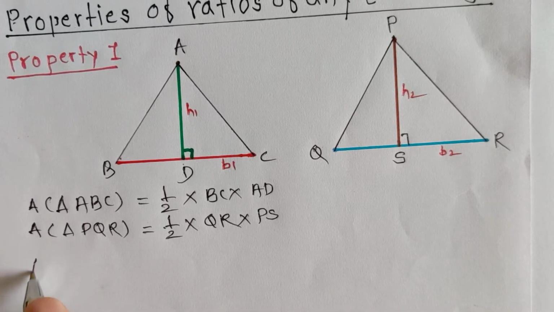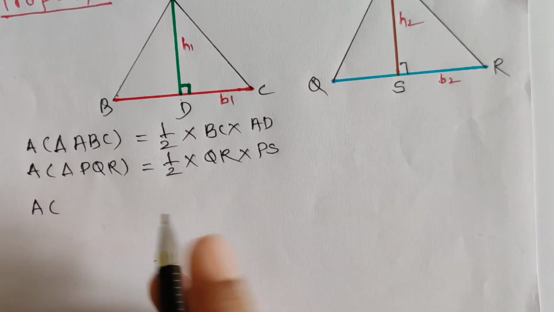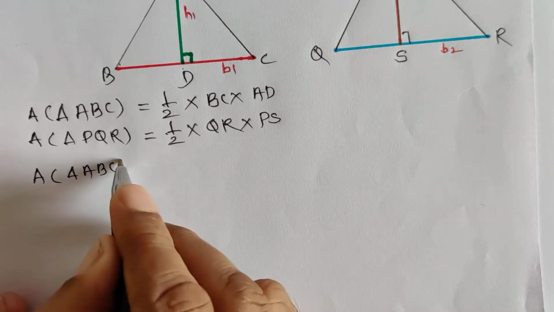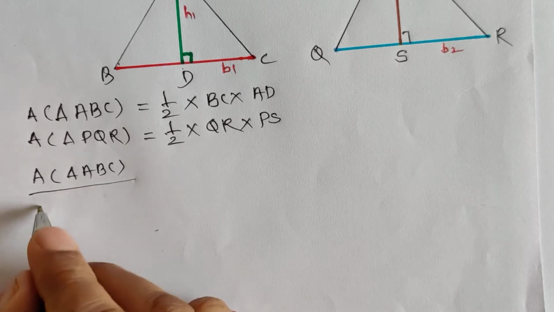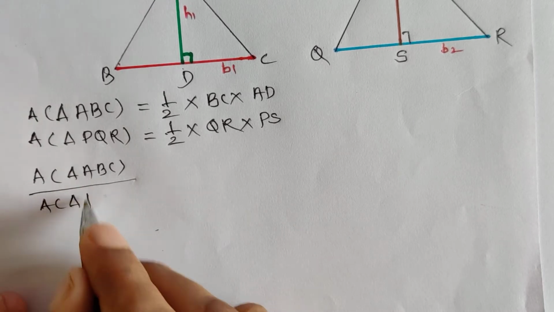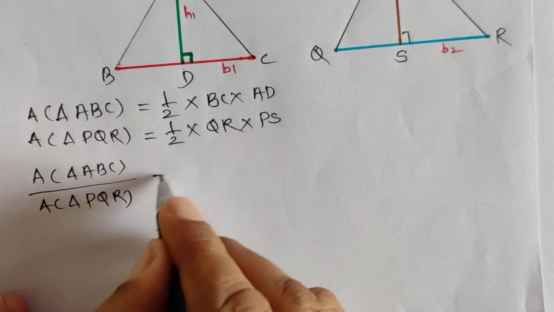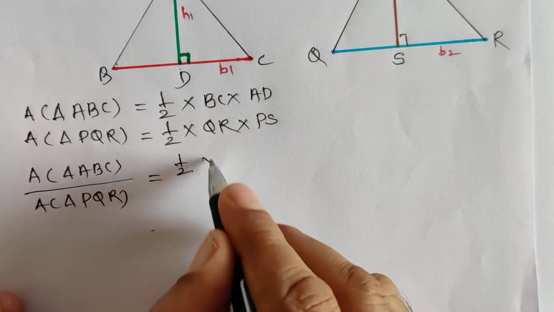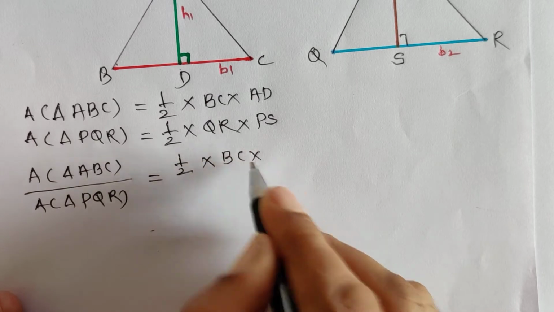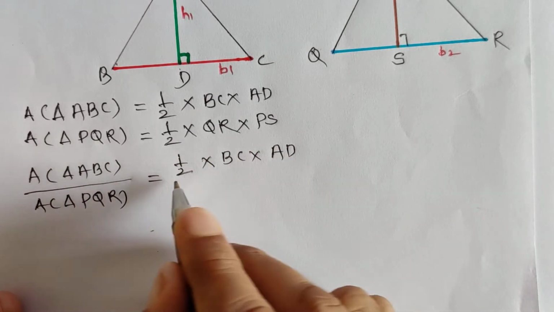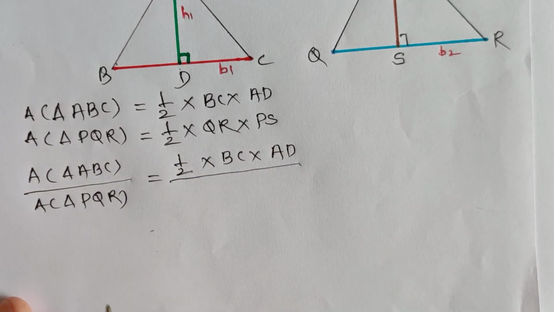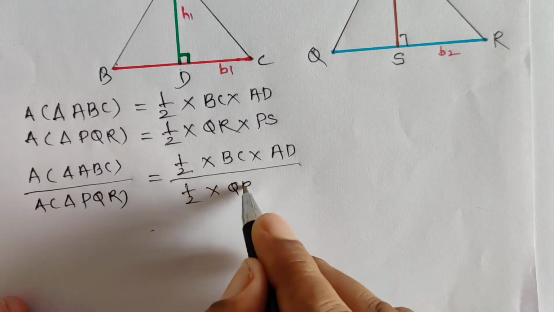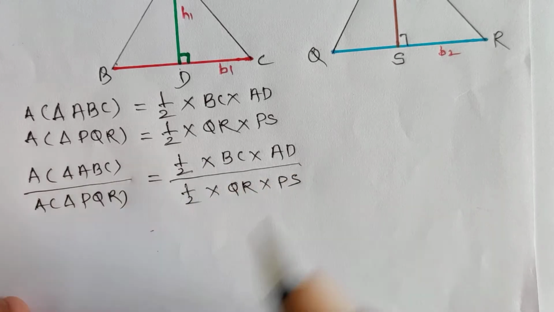How will we get it? Area of triangle ABC divided by area of triangle PQR is equal to: for area of triangle ABC, substitute half into BC into AD, and area of triangle PQR is half into QR into PS.